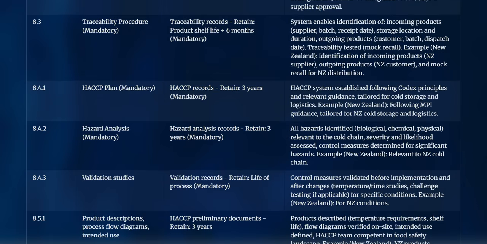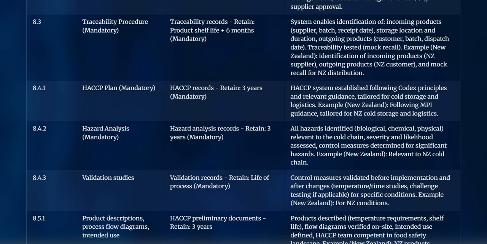And then in clause 8.3, there is also a mandatory requirement to have procedures for traceability, mandatory, okay? And also it is mandatory to have traceability records and retain them for the life of the product plus 6 months.